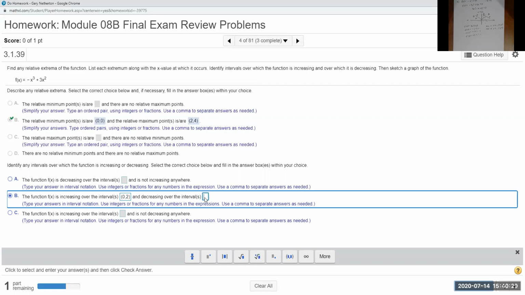And then decreasing, I've got 2 intervals. First one is negative infinity to 0. I have to go to the bottom to click on my little infinity symbol. And then I put a comma here, and then another interval of 2 to positive infinity.